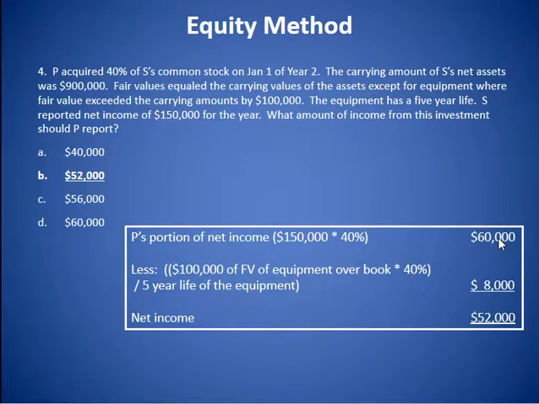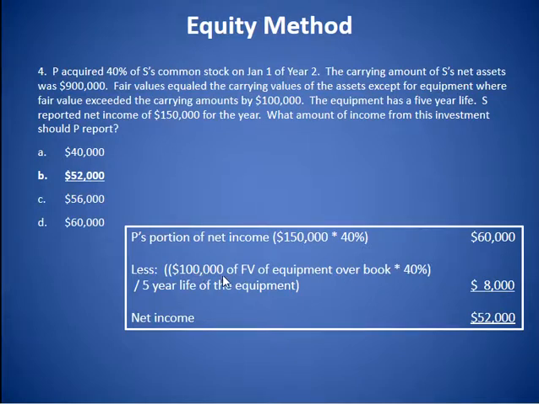Now we're also going to have to subtract out the excess of the fair value over the carrying value. You're going to have to amortize that over the useful life of the assets that have been identified that exceeded carrying values. In this case, it was equipment, and its fair value was $100,000 in excess of the carrying value.